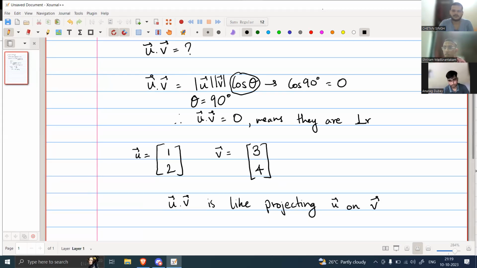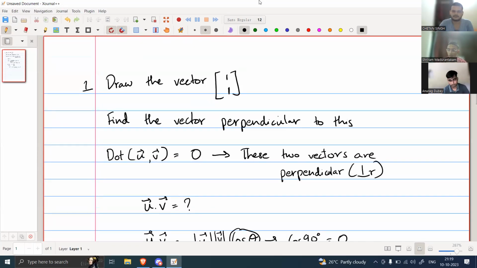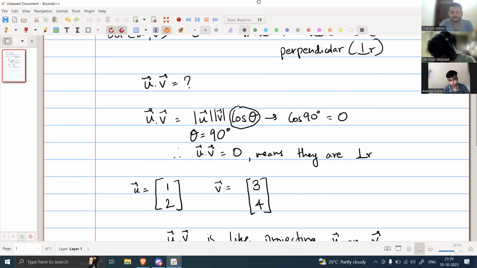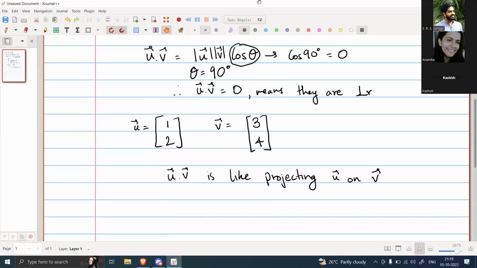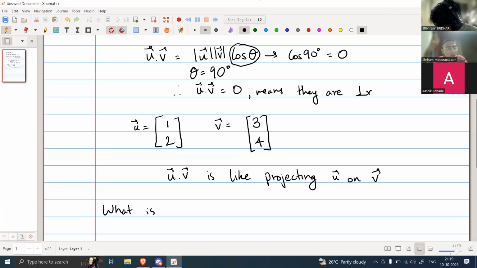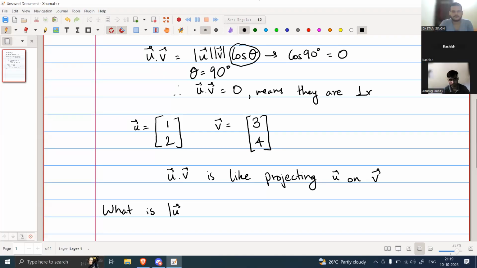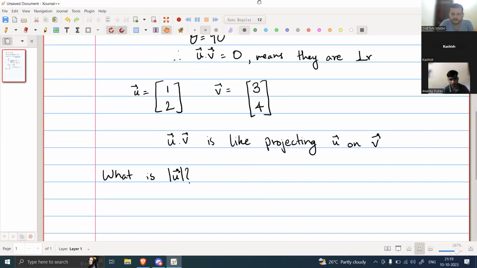Apart from Shriram, would anyone else like to tell us how we get the dot product of these two vectors? What about the steps? You said it's the magnitude of u and magnitude of v. How do I find the magnitude of u and magnitude of v? How do I know the magnitude of a vector? Root of x square plus y square.